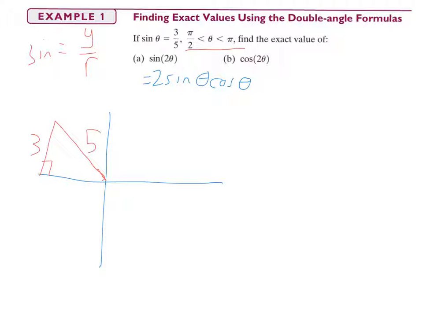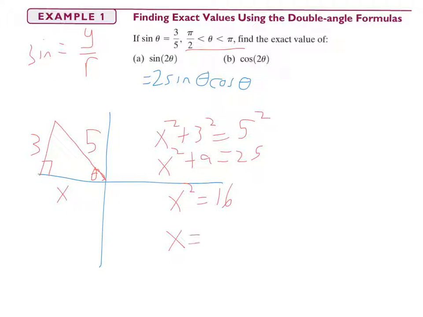So if you want to use the Pythagorean theorem, x squared plus 3 squared equals 5 squared. So x squared plus 9 is equal to 25. x squared is equal to 16. And since we're in the second quadrant, we'd want the negative square root, so x would be negative 4.